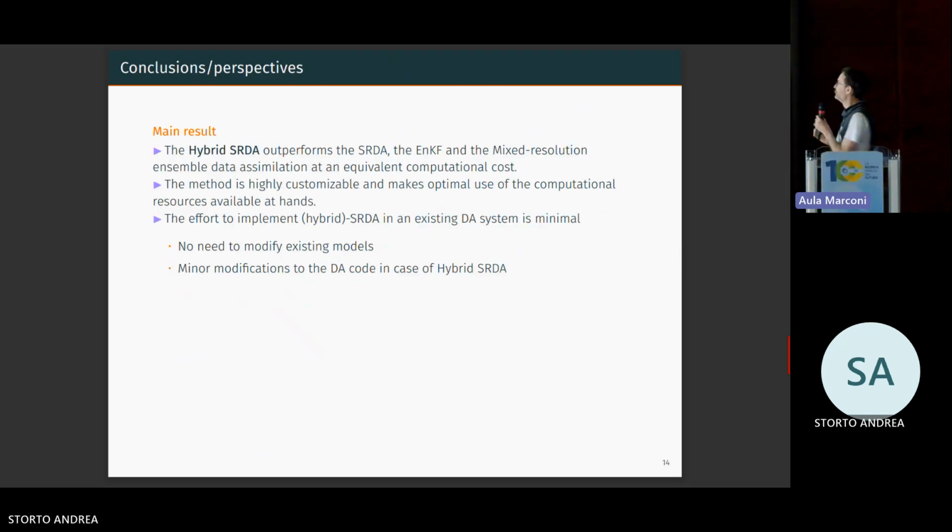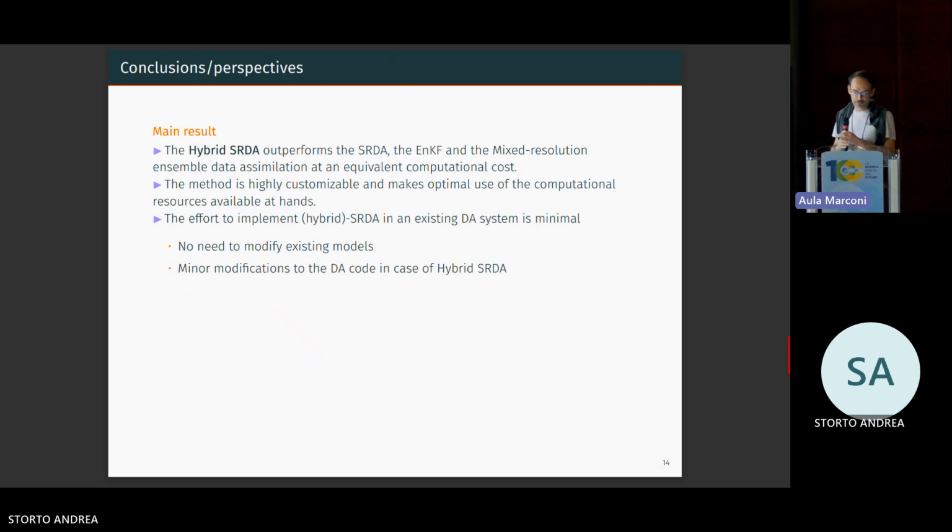Okay, so the conclusion of this work is that, as I said, the hybrid SRDA outperforms both the SRDA and the ENKF, and also the mixed resolution ensemble data assimilation method, for an equivalent computational cost of integration. The method is customizable and makes optimal use of the resources available.